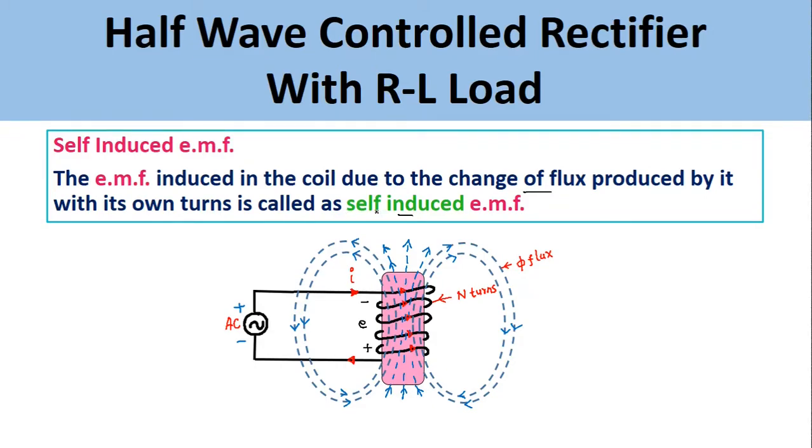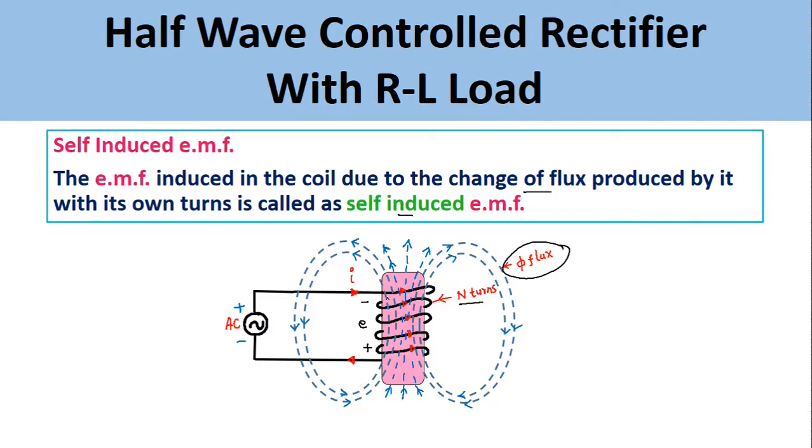To understand this more clearly, let us consider a coil of N turns. When this AC supply is connected to this coil of N turns, then a current I flows into the coil, and it produces a flux phi that links with the turns of the coil as shown in the figure.